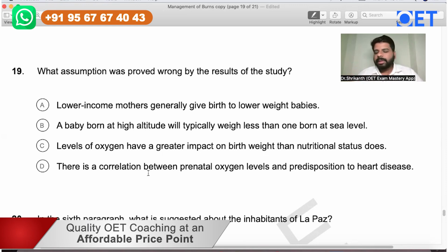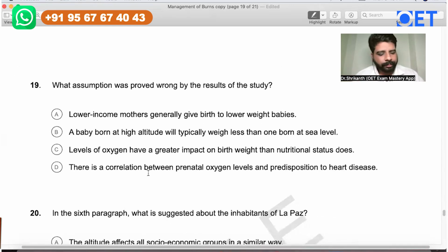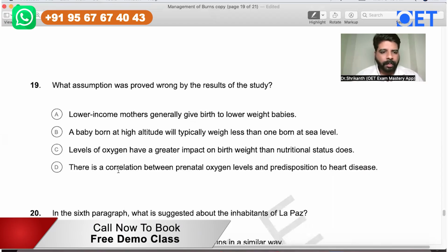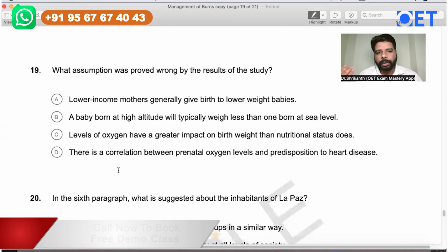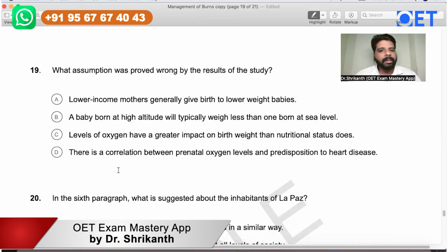This is the 19th question. First, I want every one of you to read the question and the passage and try to find the answer on your own. Once you have attempted it, I'll give you a detailed session on the right strategies.